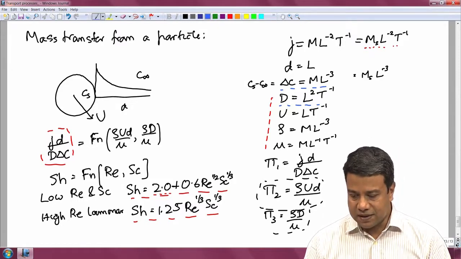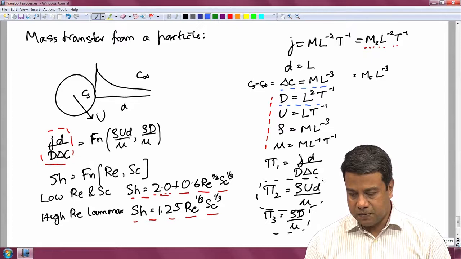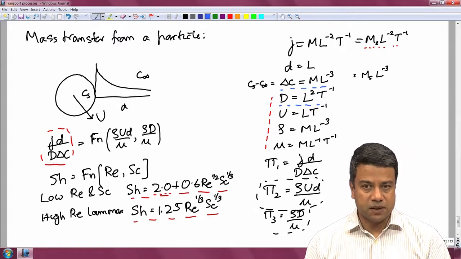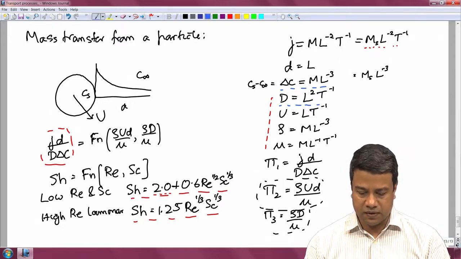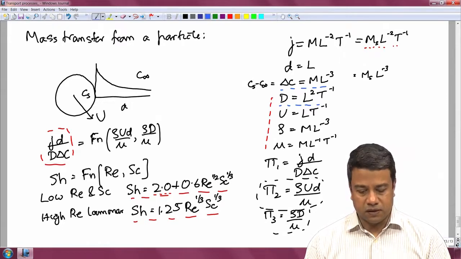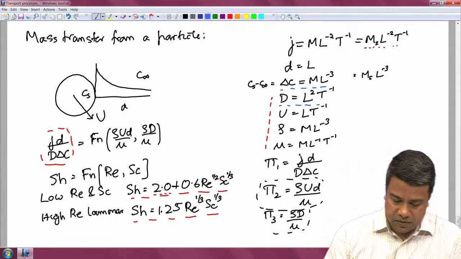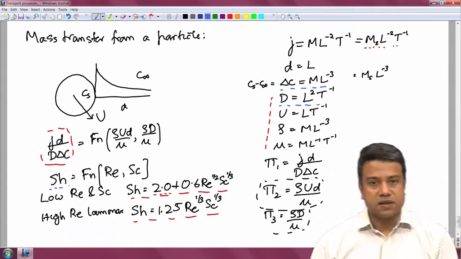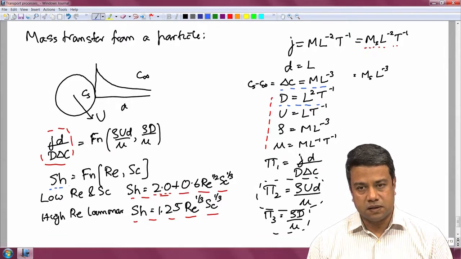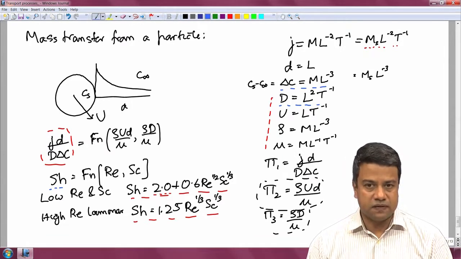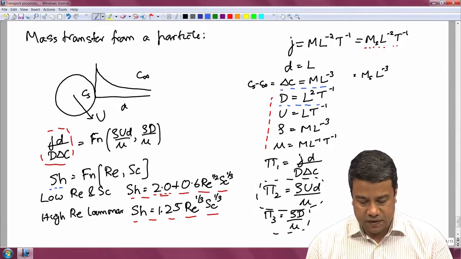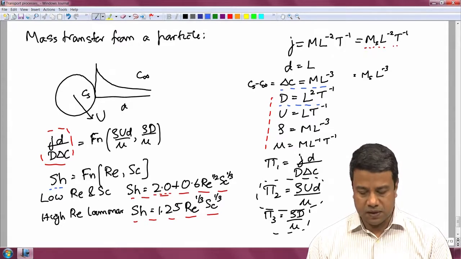Once again, this average flux depended upon 6 other parameters, but we had reduced it to just 2 based upon dimensional analysis and a little bit more. Those dimensionless groups are the Sherwood number, which is a dimensionless average mass flux, as a function of the Reynolds number and the Schmidt number.